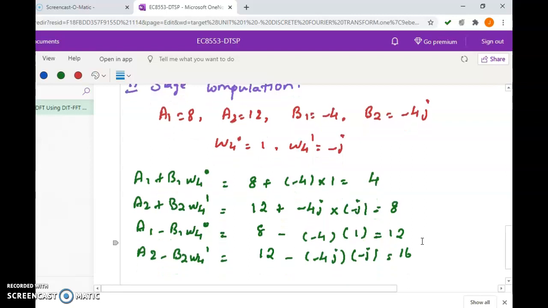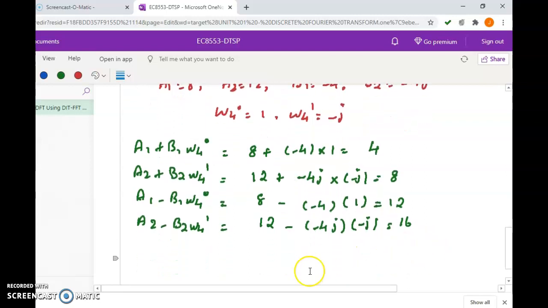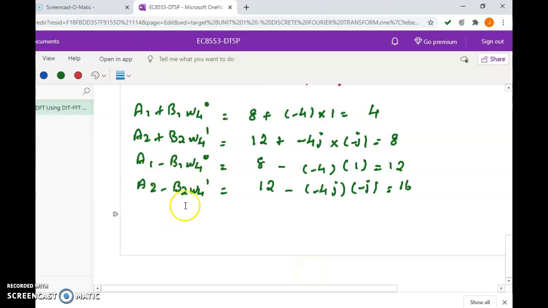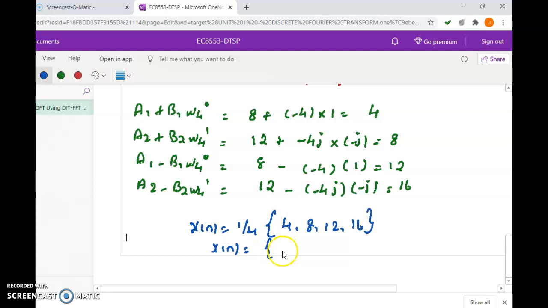So x of n equal to 1 by 4 into 4, 8, 12, 16, and when divided, x of n equal to 1, 2, 3, 4. So it is the final answer.